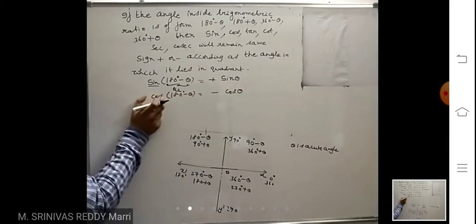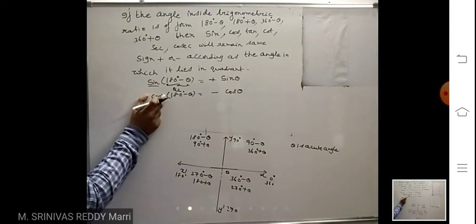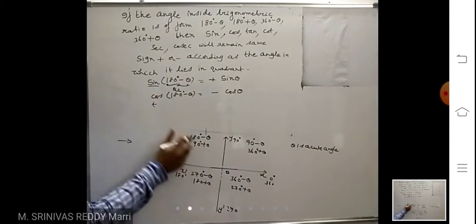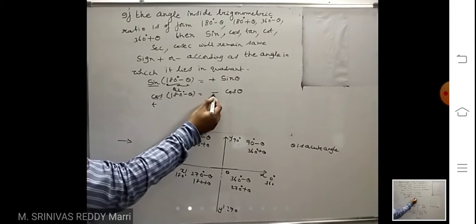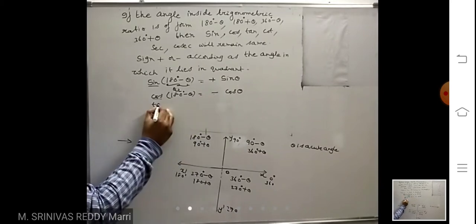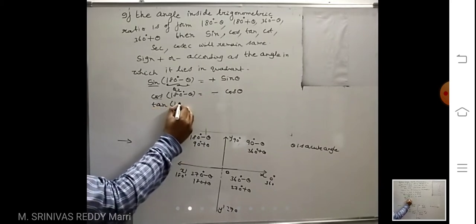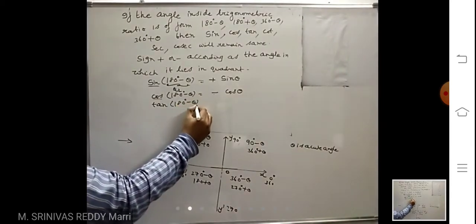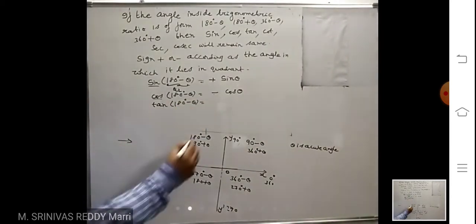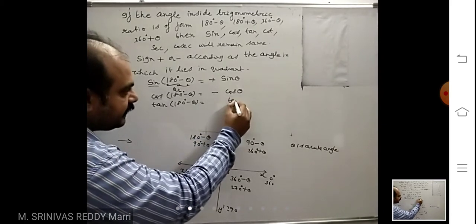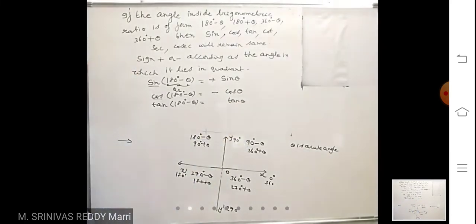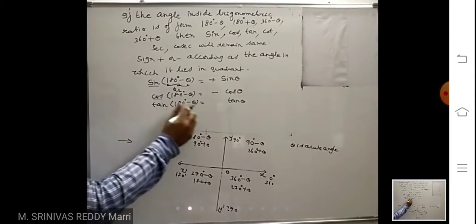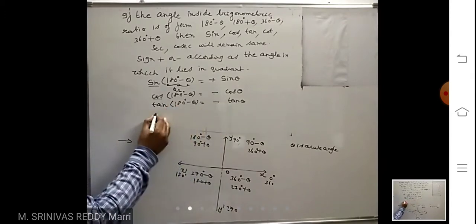This plus or minus depends on the question's cos, in which quadrant it lies. Second quadrant. In second quadrant, cos is what? Negative. Similarly, suppose tan of 180 degree minus theta. Tan of 180 degree minus theta, you write it as tan theta. This is in second quadrant, so you write minus.